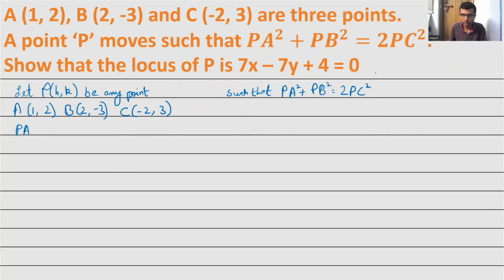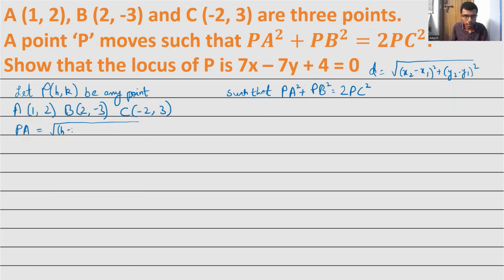To find PA, the distance formula is under root of x2 minus x1 whole square plus y2 minus y1 whole square. For PA, I'm going to take P as x2, y2 and A, B, C as x1, y1 respectively, for each distance.